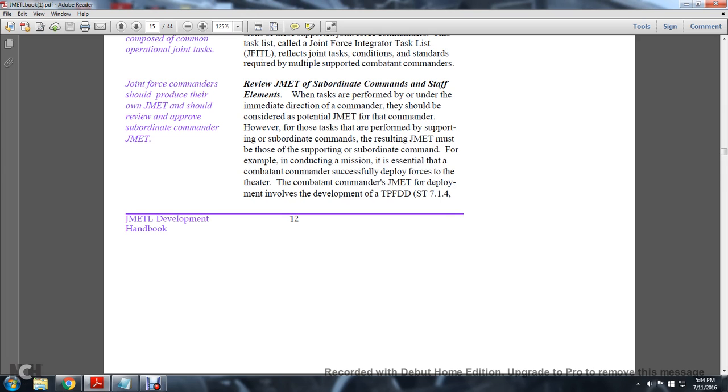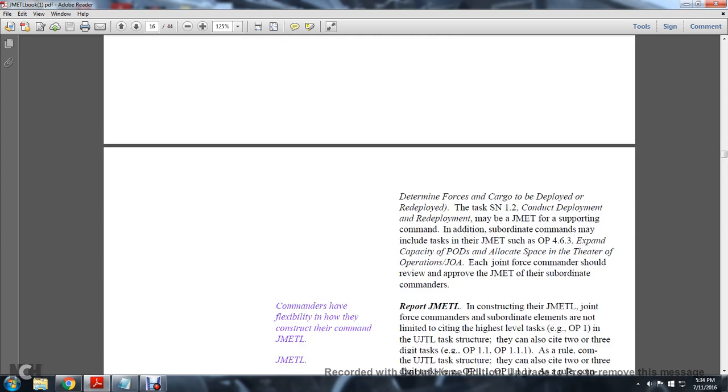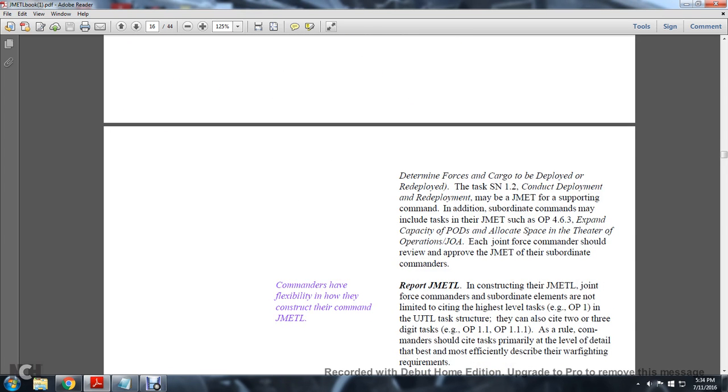For example, the combatant commander's mission requires that forces successfully deploy to the theater. The Joint Mission Essential Task of deployment involves the deployment of the TPFDD, determining forces and cargo to be deployed and redeployed, and the task of strategic nation conduct of deployment and redeployment may be Joint Mission Essential for the supporting command.